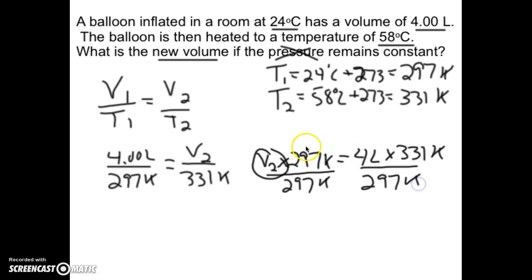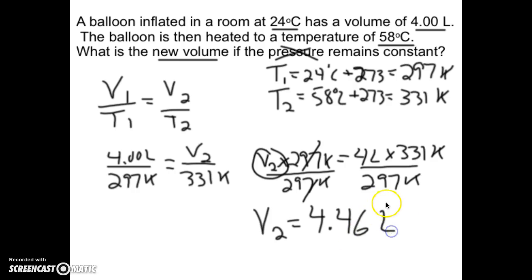On this side it cancels out, so it ends up being 4 liters times 331 divided by 297. And when I calculate that, I get V2 is 4.46 liters.